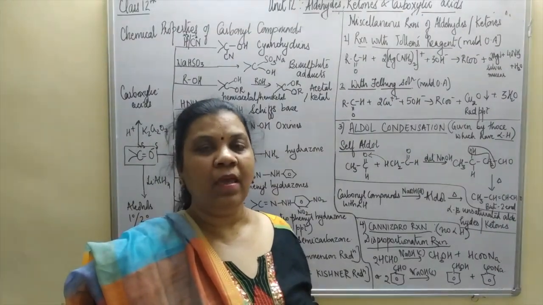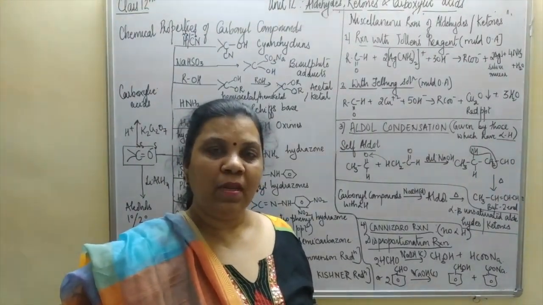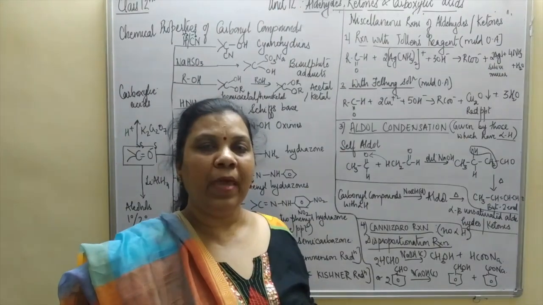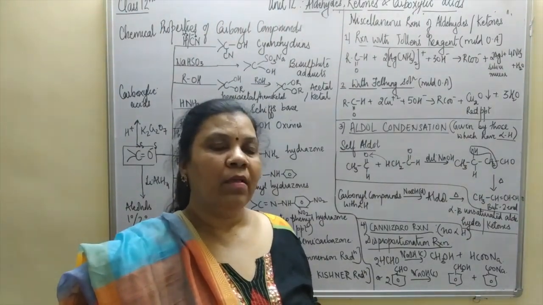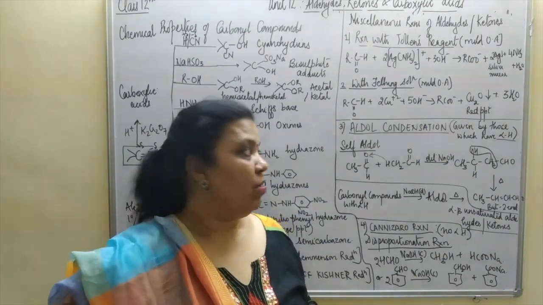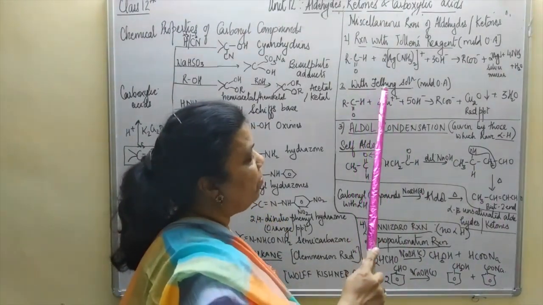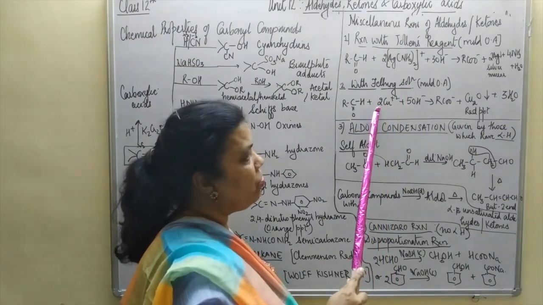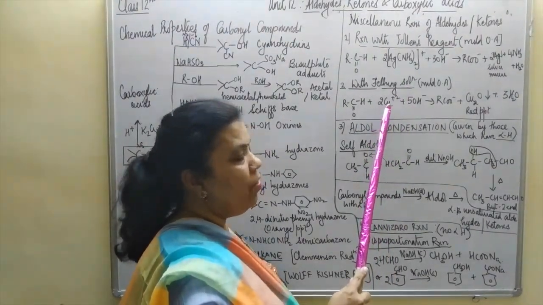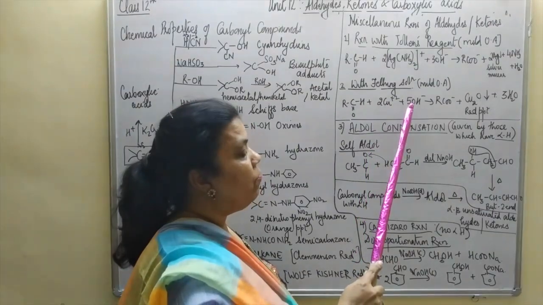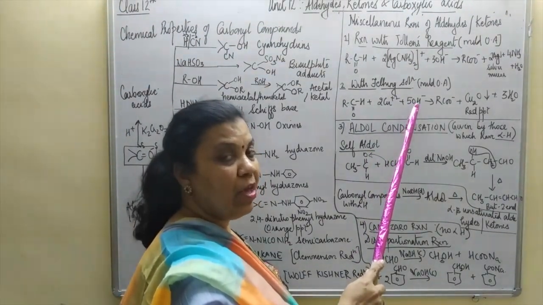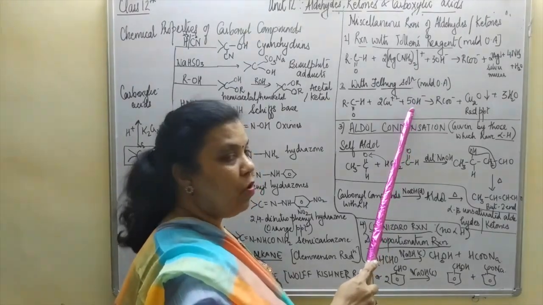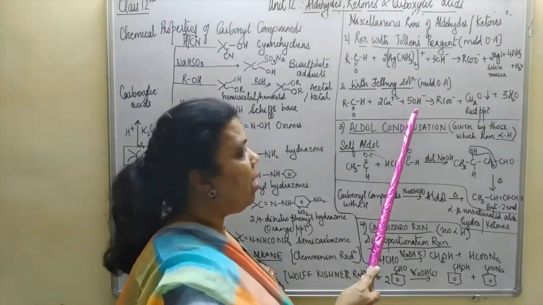The reason being that the aldehyde group is terminal, whereas the ketonic group, being subterminal, is not acted upon by the mild oxidizing agent. Next is reaction with Fehling solution. Fehling solution is a mixture of Fehling A, which is aqueous copper sulfate, and Fehling B, which is an alkaline solution of Rochelle salt. Rochelle salt is sodium potassium tartrate.